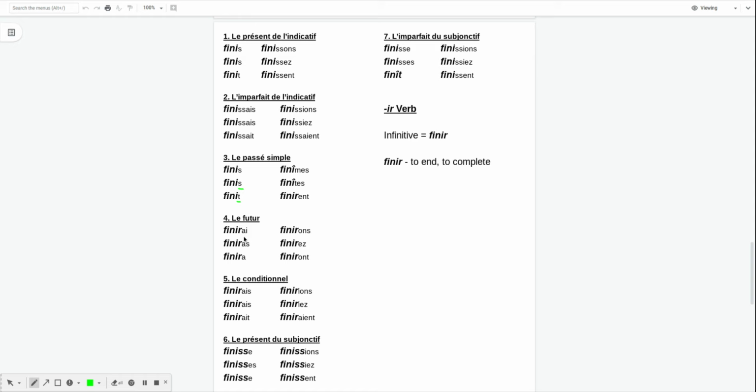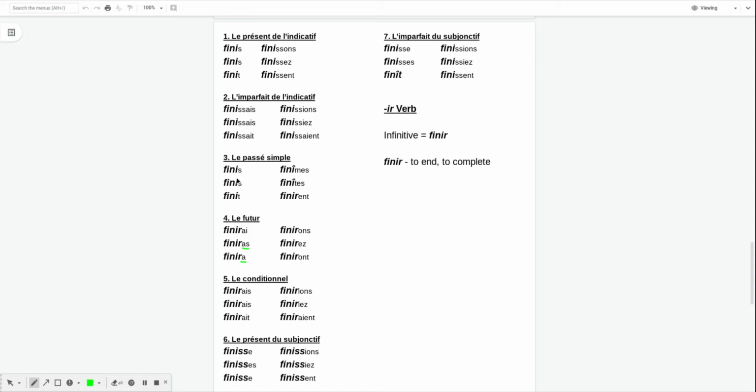Then in le futur, you've got the infinitive itself plus the conjugations of avoir as the endings for the singular: first person, second person, third person.